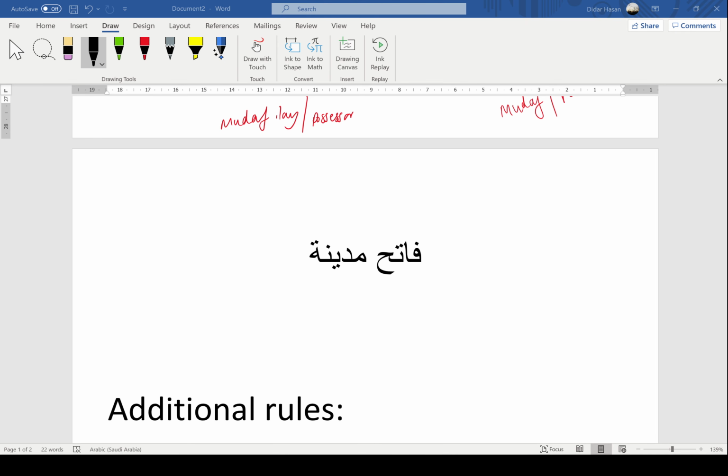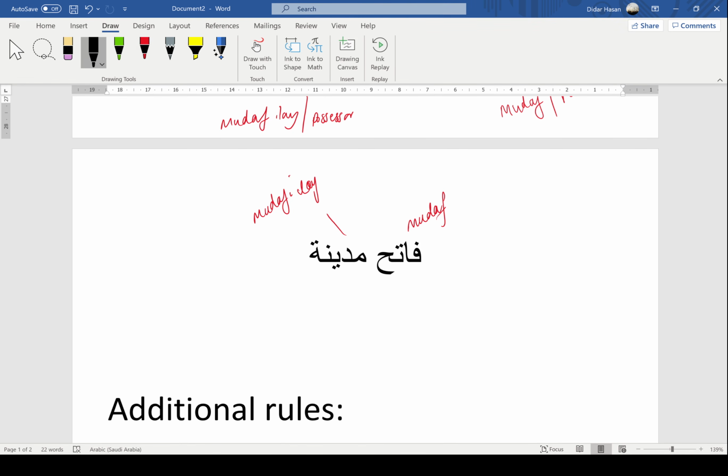Okay, now how do we say conqueror of the city? The conqueror again belongs to the city. So the conqueror is the mudaf, and the city is the mudaf ilayh. Okay, so the possessed comes first.